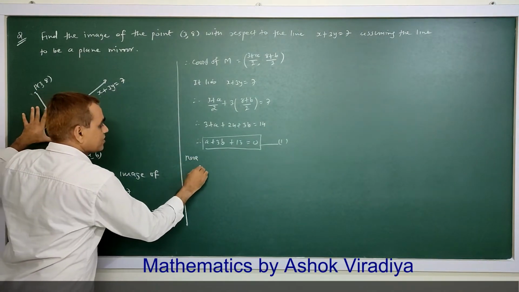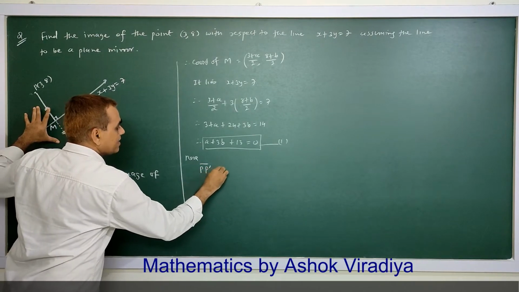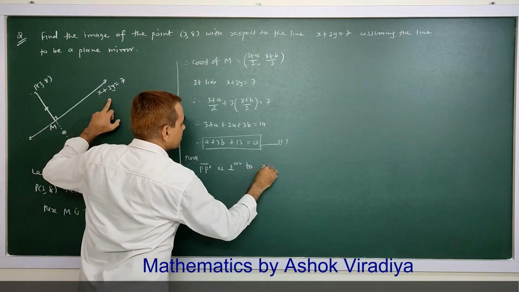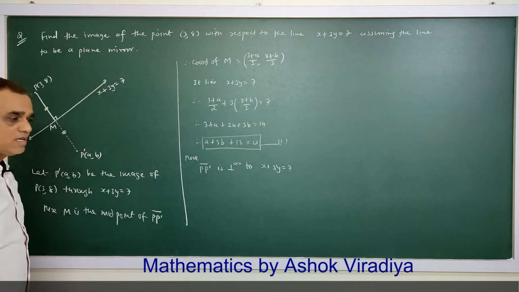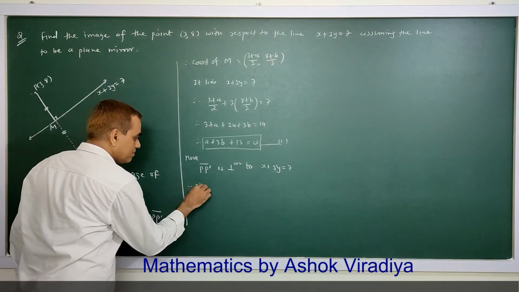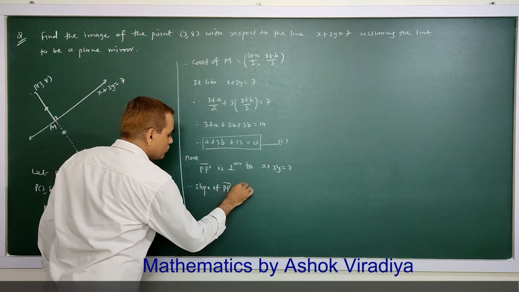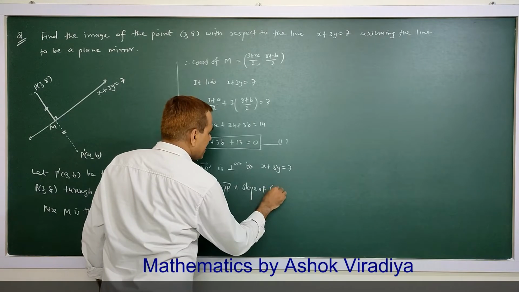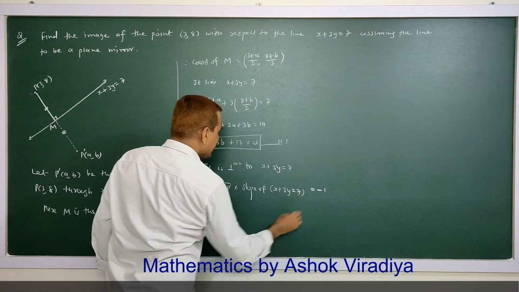Now PP' is perpendicular to x + 3y = 7. So the slope of PP' times the slope of the line x + 3y = 7 is -1.